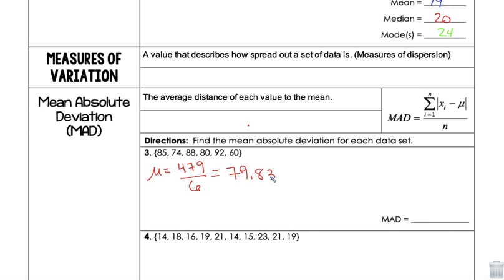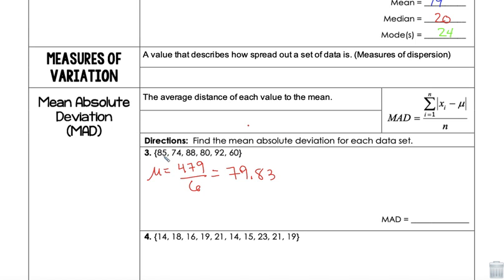So, to find the mean absolute deviation, you are finding the average distance of each value to this mean value. And so what this means is the sum of all of the values when you subtract it from the mean, right? And when we sum that all up, the absolute value divided by the number of terms we had will get us this MAD value.